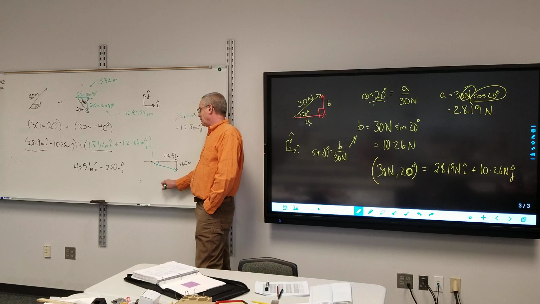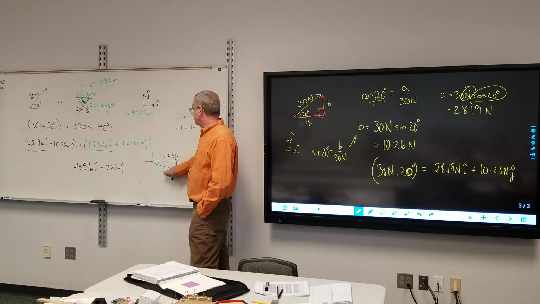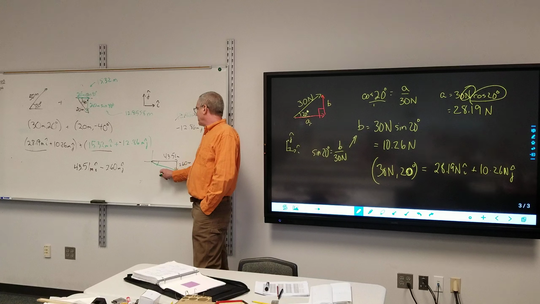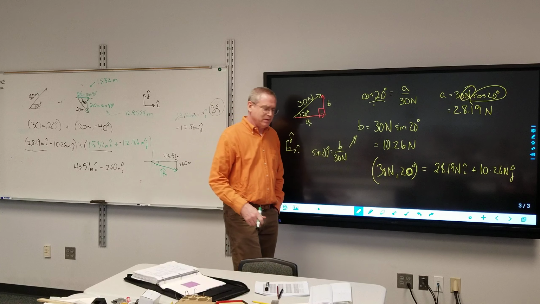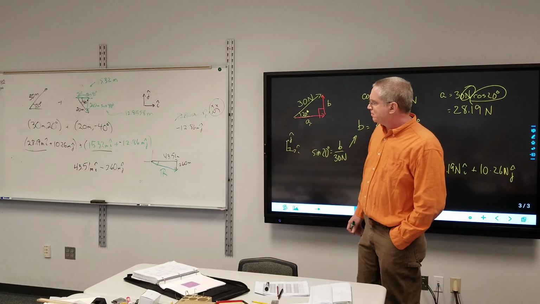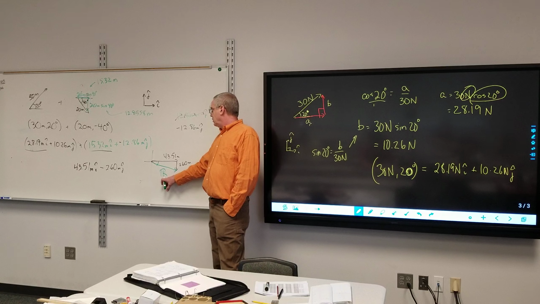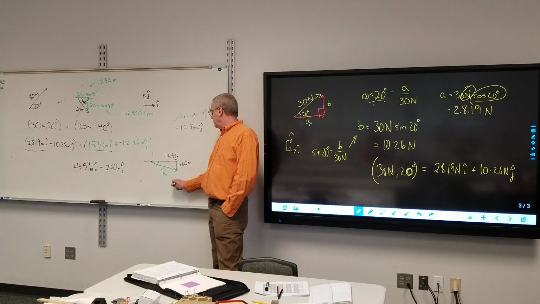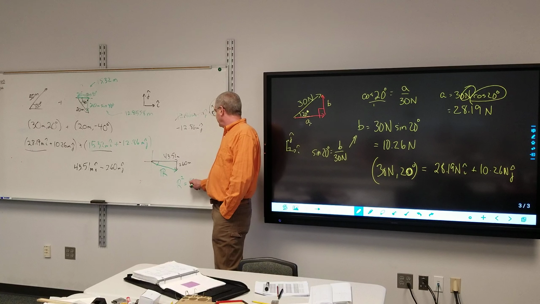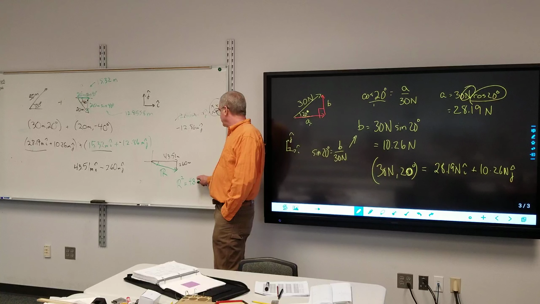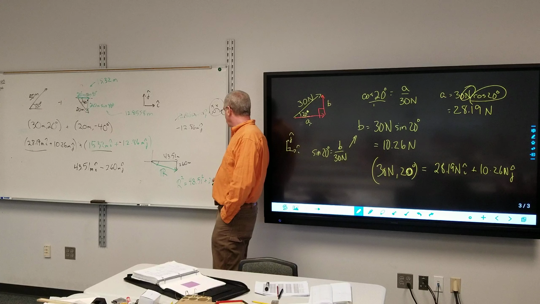Anyway, so if we label that C, if that is my resultant, this is the one time I use the double print to represent a vector. Then R, the magnitude, is equal to the square root of 43.51 squared plus 2.60 squared.